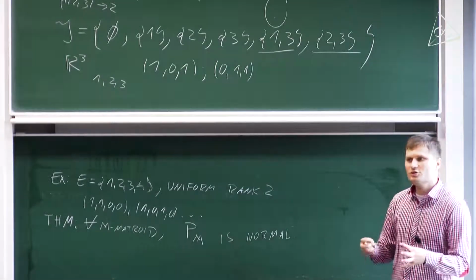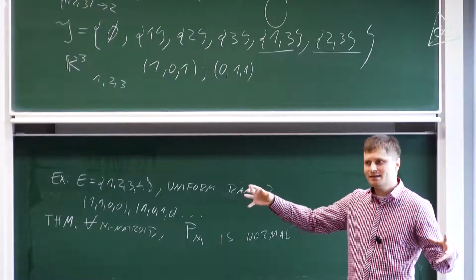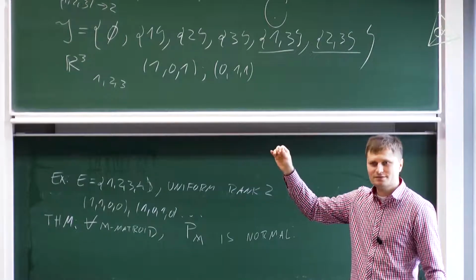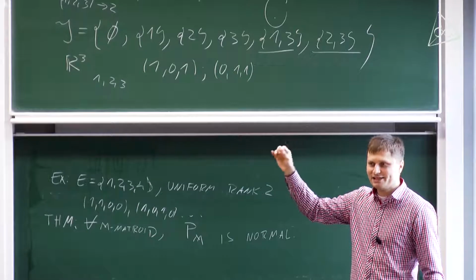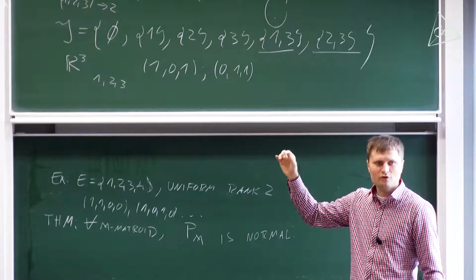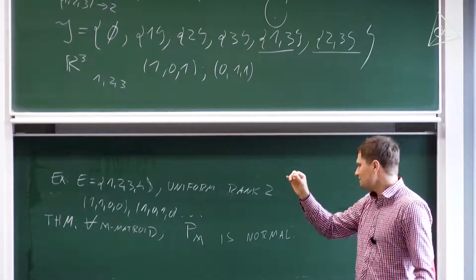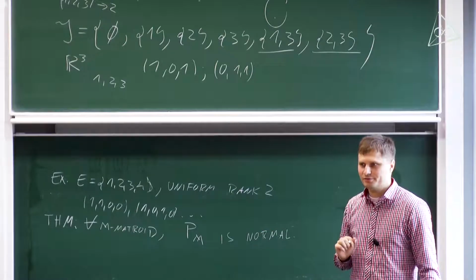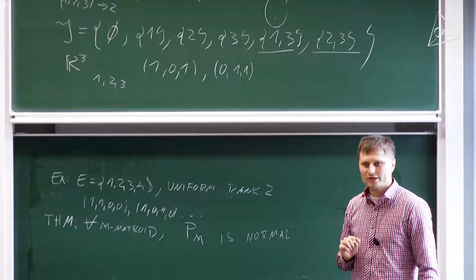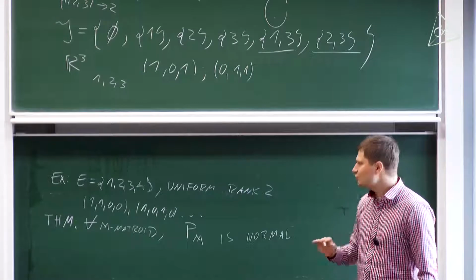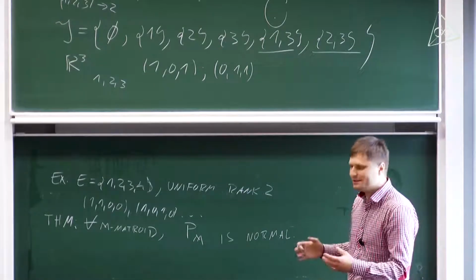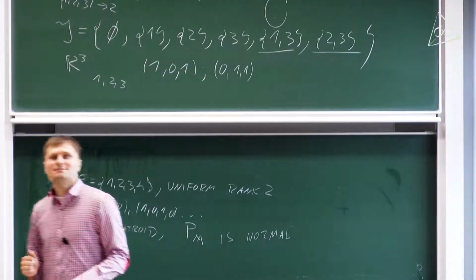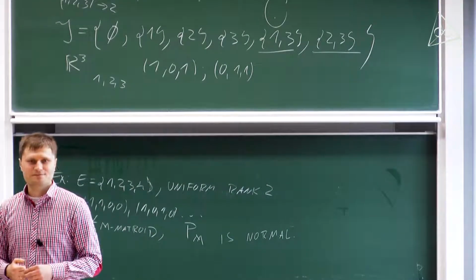You remember what normal meant? If you scale it by k, and you take a lattice point inside the scaling, then this is a sum of k lattice points from the original polytope. One of the exercises for you is to prove it for uniform matroids. That's an easy exercise, but we will see a more general proof. Let's make a 7-minute break.